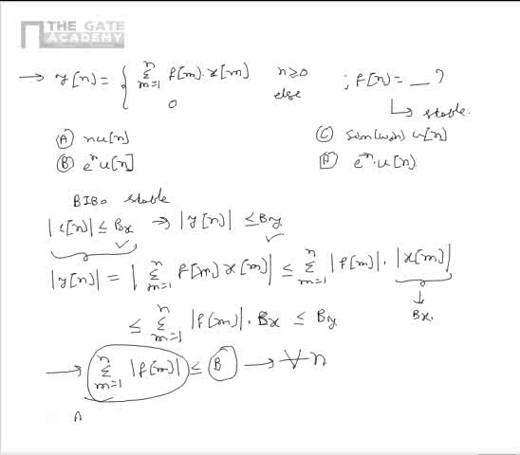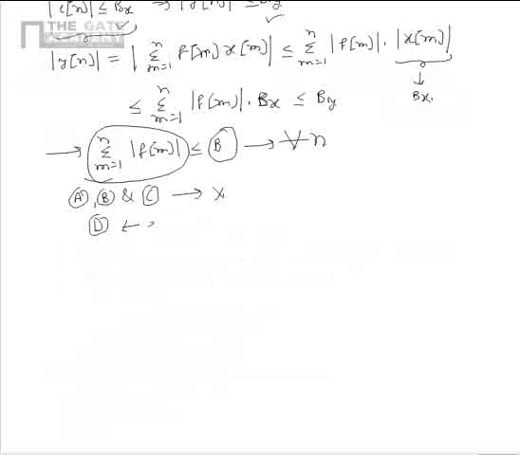From the options, we see that options A, B, and C don't satisfy the above condition, and option D, which is e power minus n multiplied by u of n, satisfies this condition because in this case, sigma m equal to 1 to n mod f of m is less than or equal to b. From this, we see that the given system is BIBO stable for f of n is equal to e power minus n into u of n.